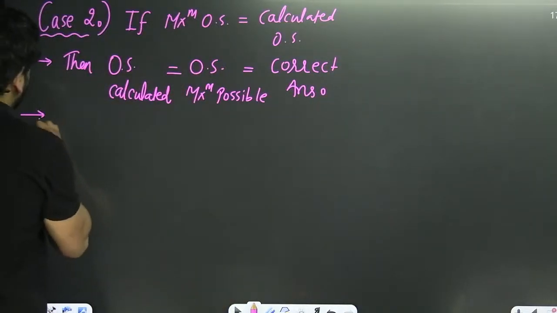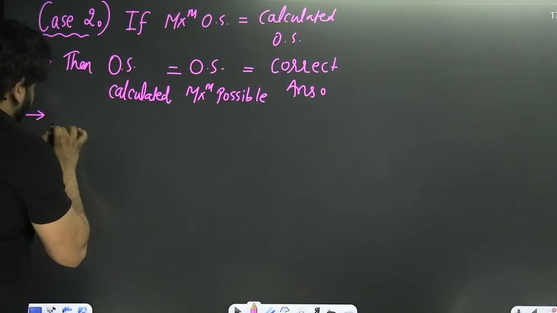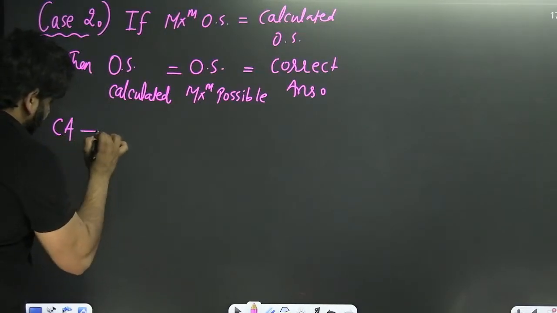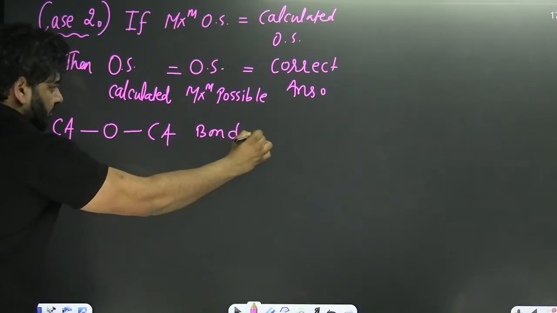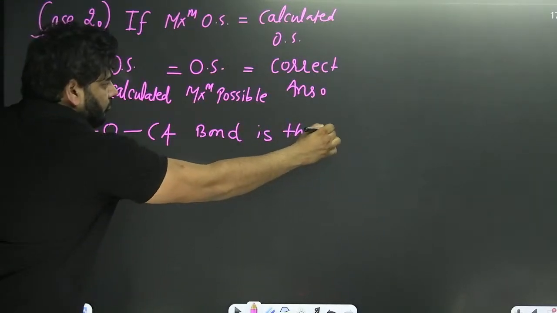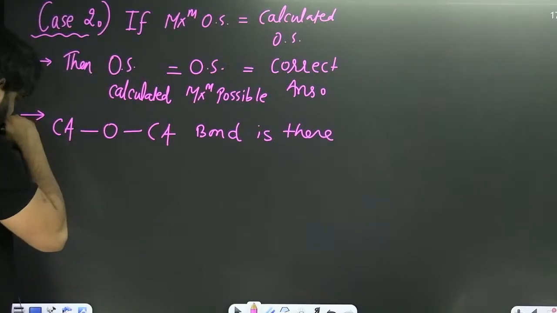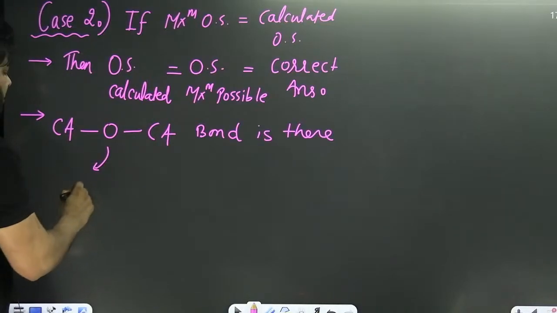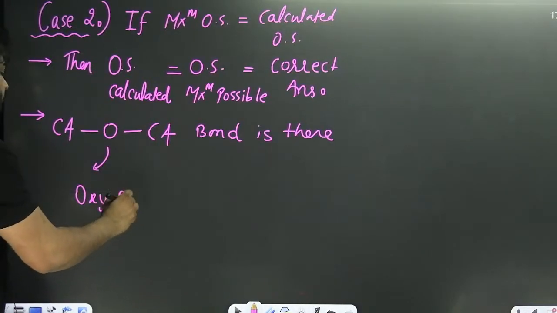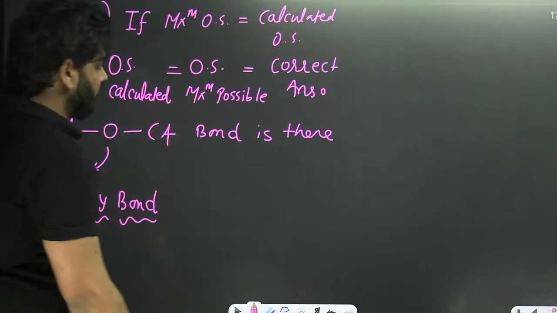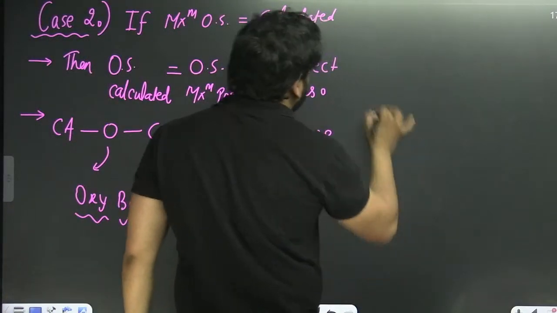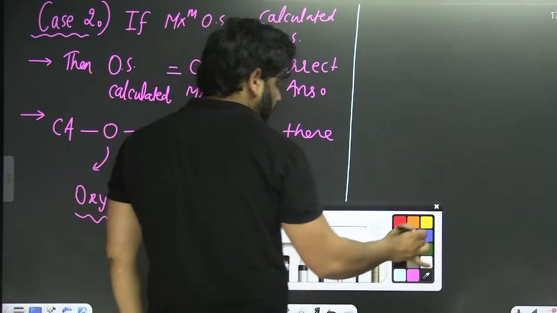And there's a possibility that there is a central atom to oxygen bond, and this is actually called an oxy bond. Now I'll give you one example and then you'll understand what we are talking about.